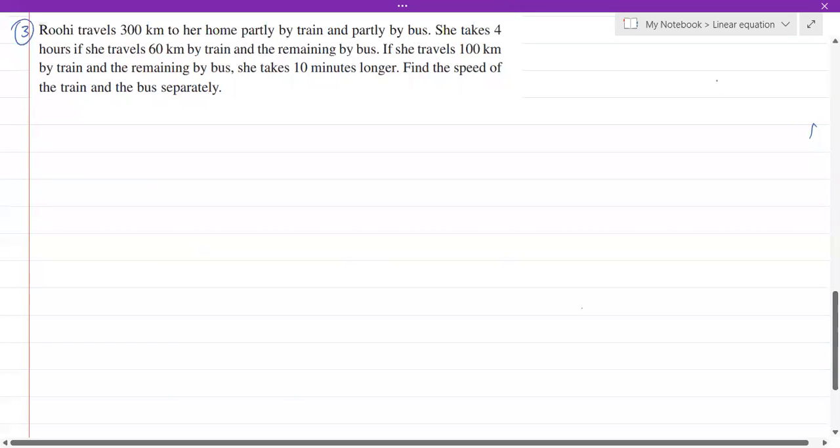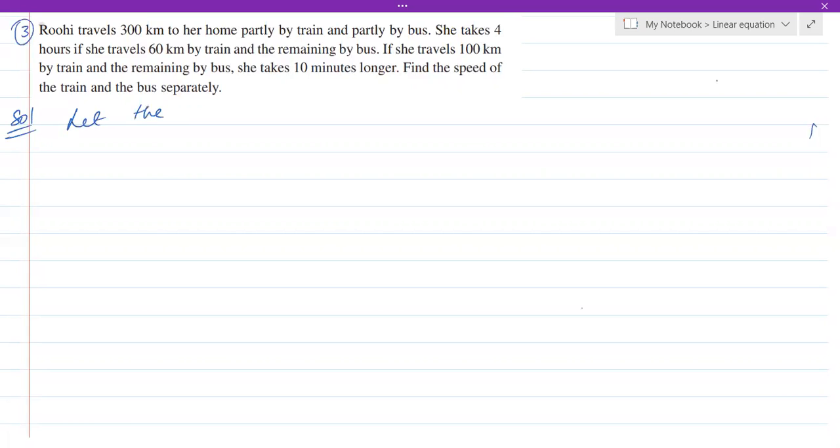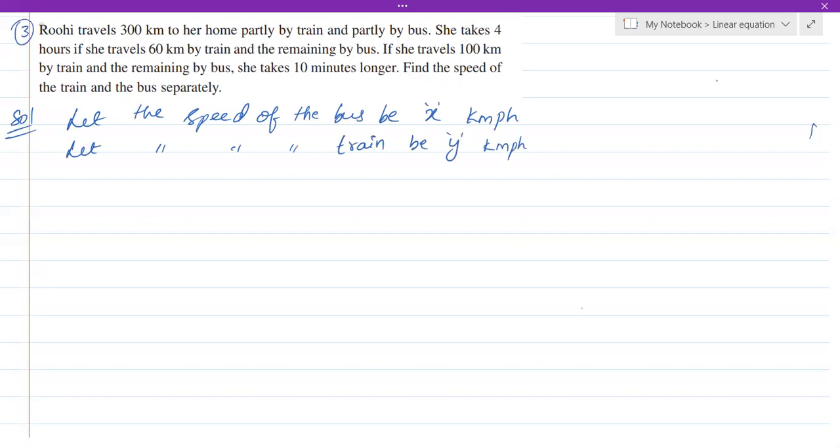Now, let the speed of the bus be x kilometer per hour. Similarly, let the speed of the train be y kilometer per hour.